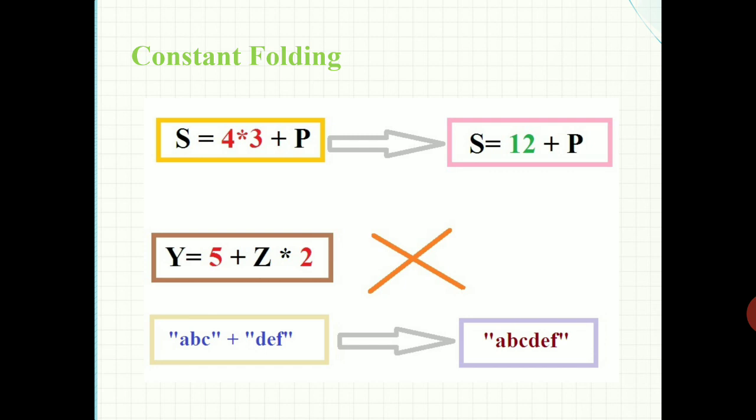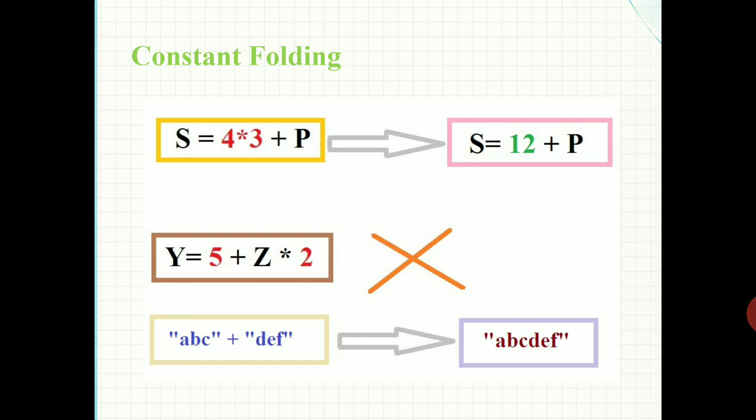That is, expressions with constant operands can be evaluated at compile time, thus improving the runtime performance and reducing the code size. Here in this expression, s equals 4 into 3 plus p. Here s and p are variables, and 4 and 3 are constant values.